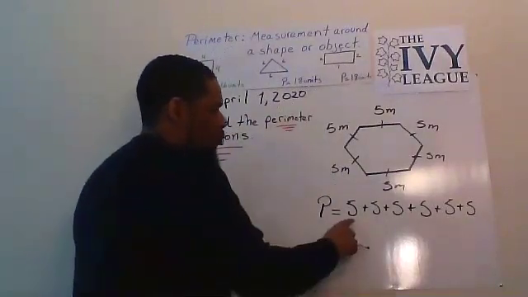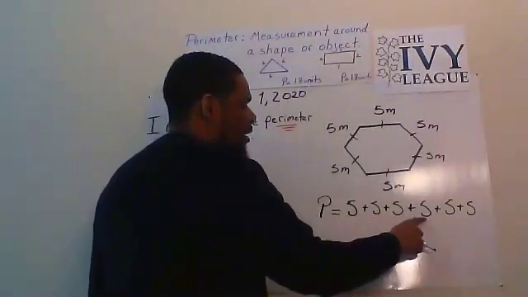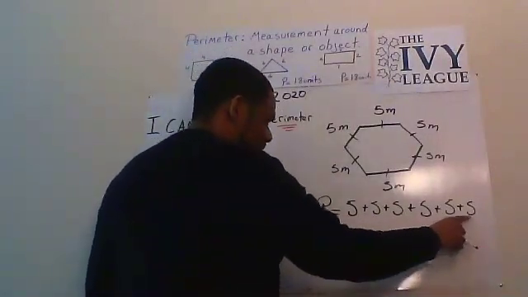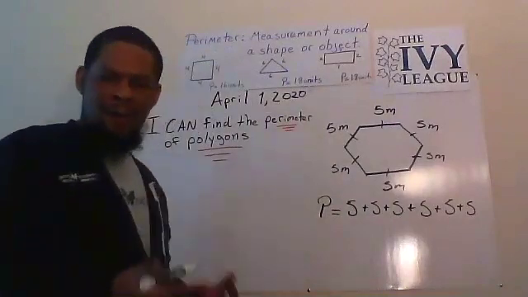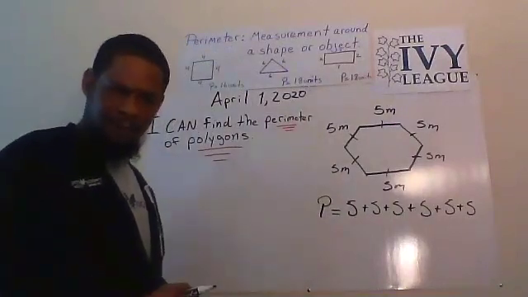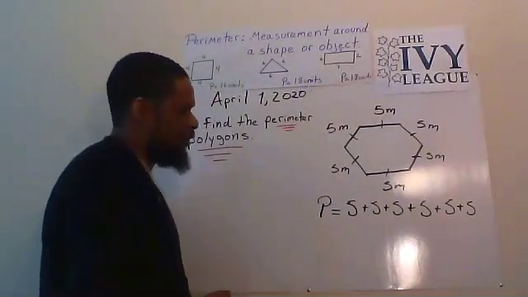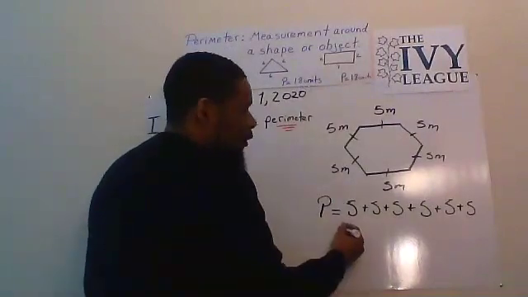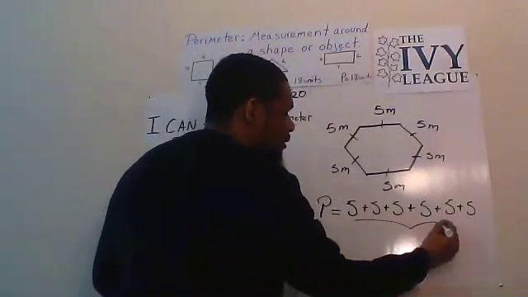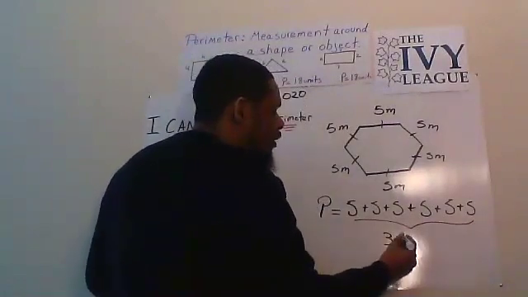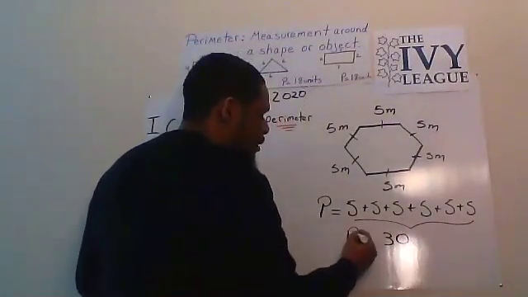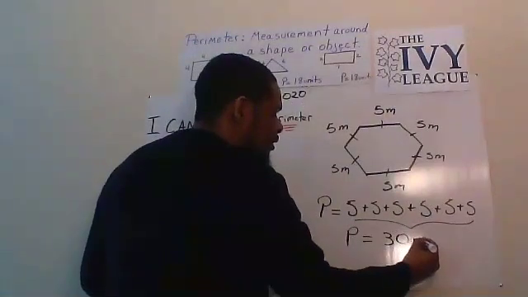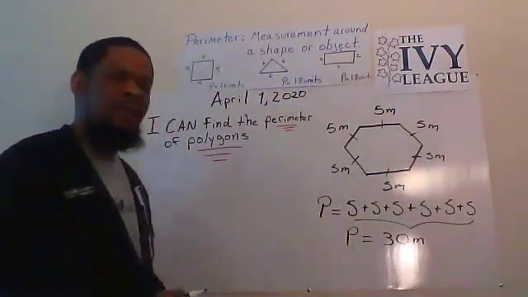Count with me. 1, 2, 3, 4, 5, 6. How much is 6 5s? Excellent job. We're great multipliers. So we know 6 5s makes 30. So the perimeter of this hexagon is 30 meters.